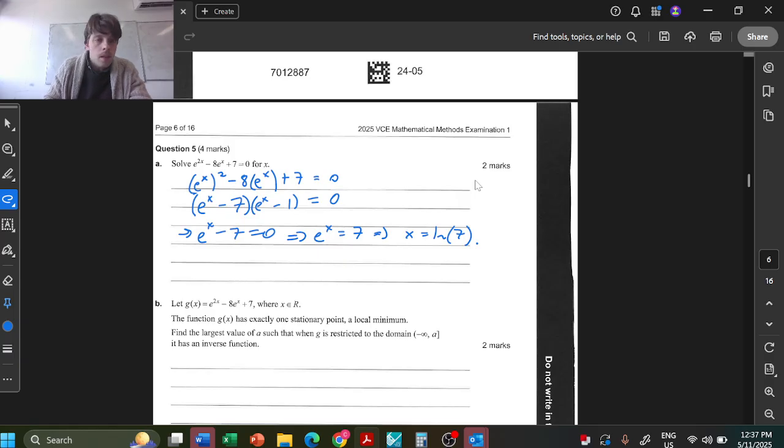So that's our first answer. And then if we consider the second case, we have e to the x minus 1 is equal to 0, which gives us that e to the x is equal to 1, which gives us that x is equal to 0, because of course e to the power of 0 is 1. So those are our two solutions, natural log of 7 and 0.